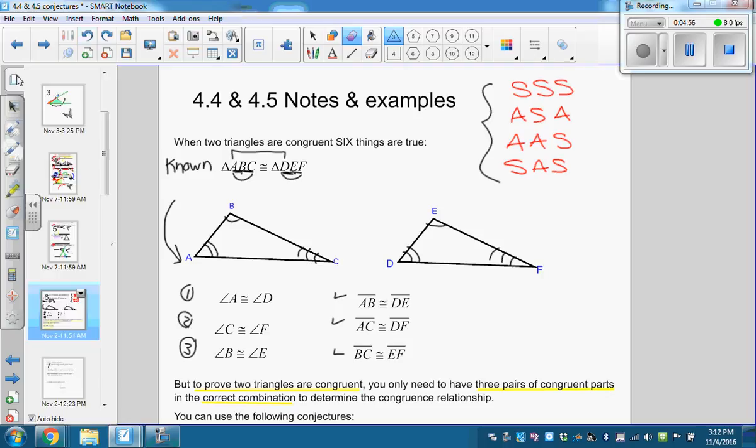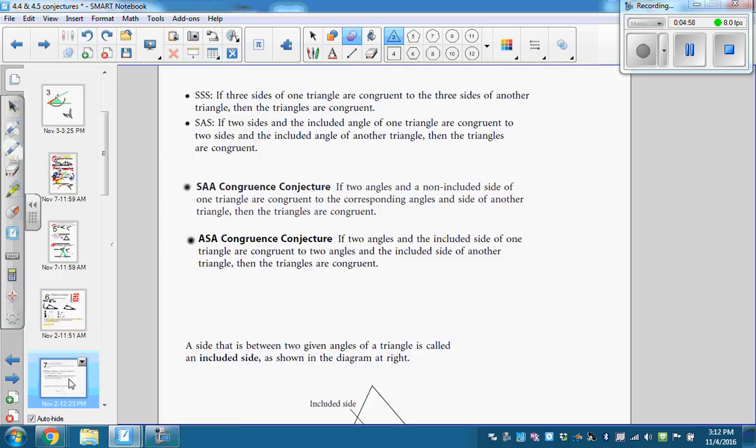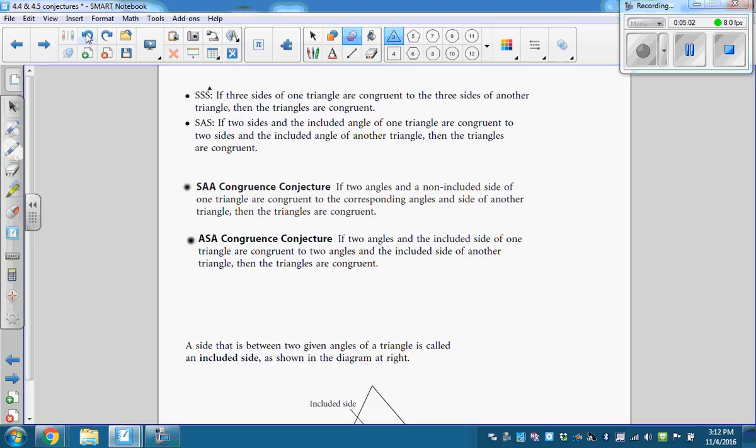Okay, so this is how you would say it. This stands for, if I ask you to state it, if 3 sides of one triangle are congruent to 3 sides of another triangle, then the 2 triangles are congruent. So an example would be, this could be like a fill in the blank on a quiz. You know, complete the statement.